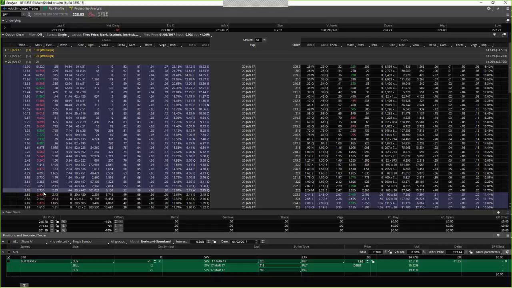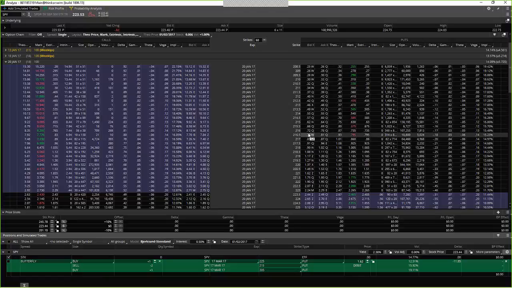One of the things we're going to do in the hedging class later this month is talk about defining your objective: what are you trying to hedge? I'm going to show you the trade that he did, but I can't actually show you the exact trade. But I'm going to show you the one that I showed him if he was going to be more neutral and wanted to make it more of an income trade.